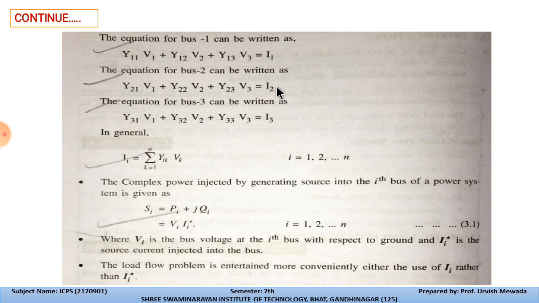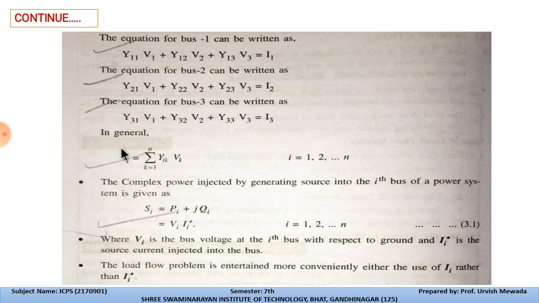Similarly we can write the equation for I2: Y21, Y22 and Y23, and the voltages are the same, V1, V2 and V3 of all the buses. Then similarly we can write the equation for bus number 3: Y31 V1, then Y32 V2 and Y33 V3.